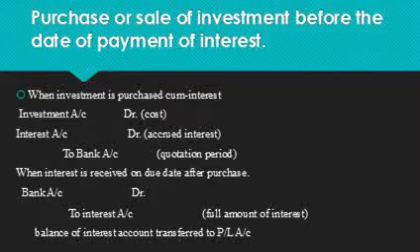That is, bank account is with the quotation price, investment is with the actual cost price, and interest with the accrued interest. And when the interest is received on the due date after the purchase, as normal, bank account debited to interest account, and the balance of this interest account will be transferred to profit and loss account.